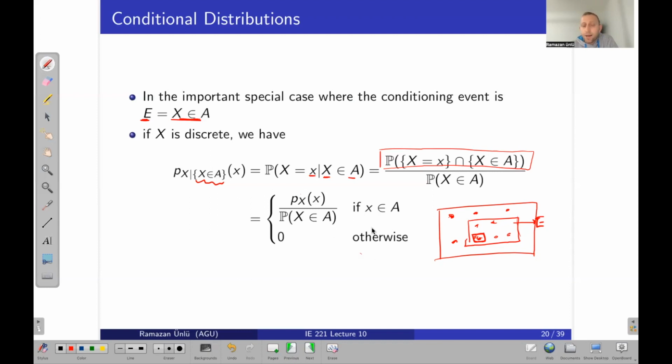Okay, otherwise, if x takes values outside this region, the probability will be 0, because that is the conditional probability. So the logic is the same.